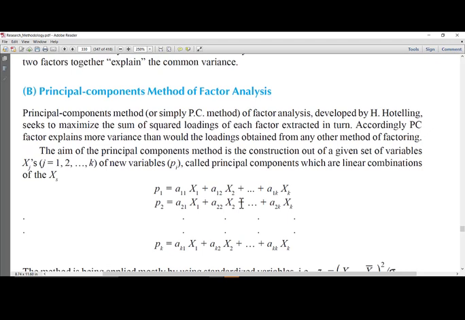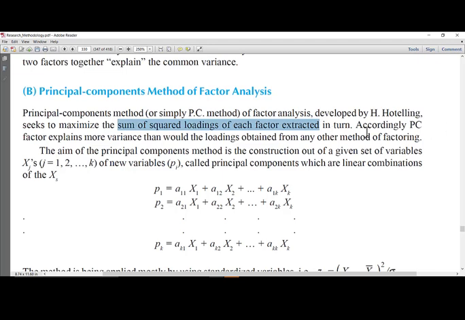Now we consider the principal components method, or simply PC method. This is also called principal components analysis method. This was developed by Hotelling, and it seeks to maximize the sum of squared loadings of each factor extracted in turn.